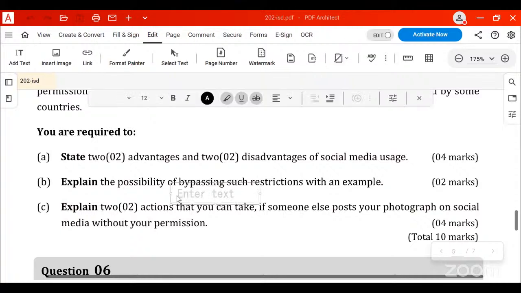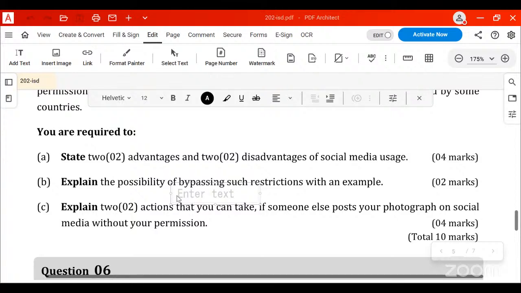And what are the disadvantages? Sometimes there is a threat to data privacy, which directly impacts data privacy. Privacy concerns and mental health issues.